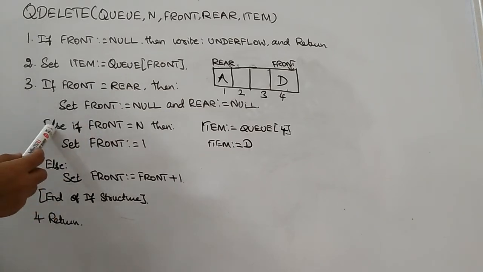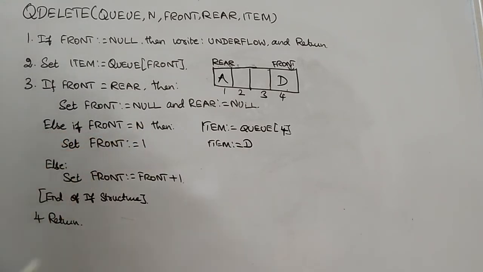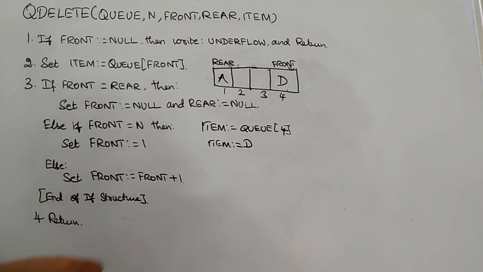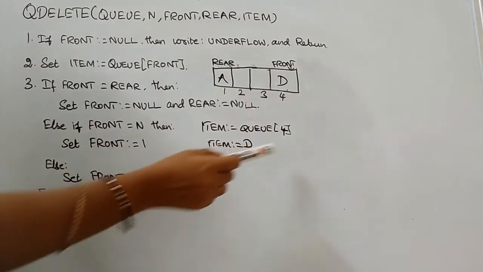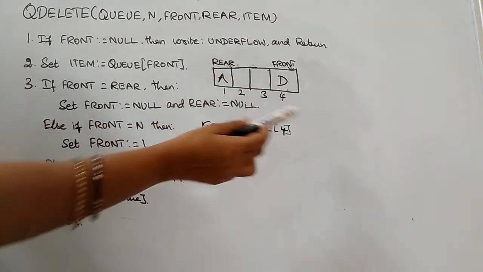In this else we are checking one more condition. In this else if part we check whether front is equal to n. Here the value of front is equal to n, because the maximum size of my Q is 4.